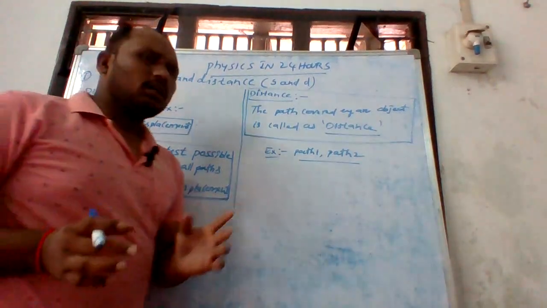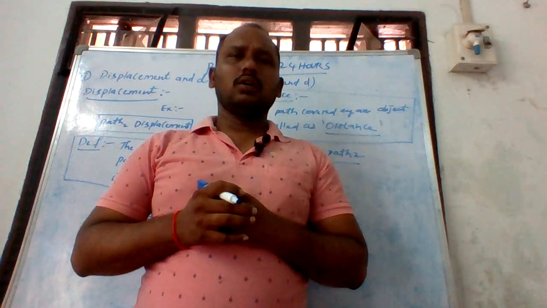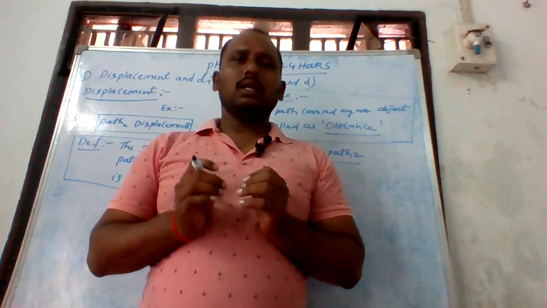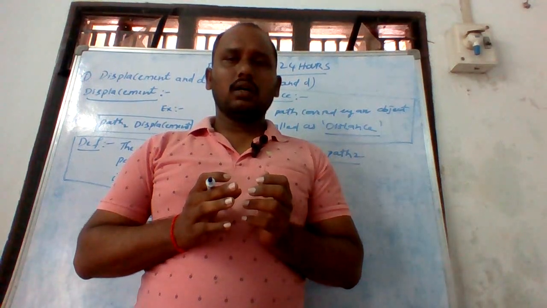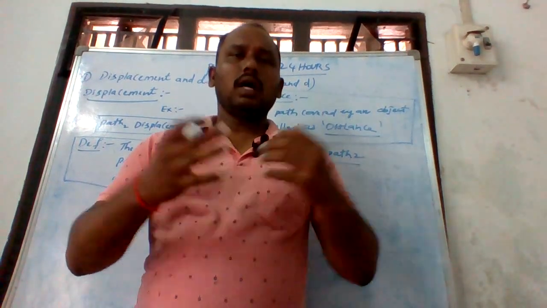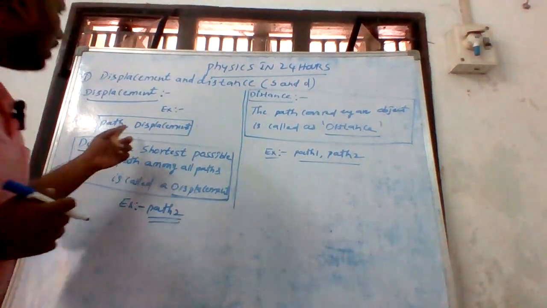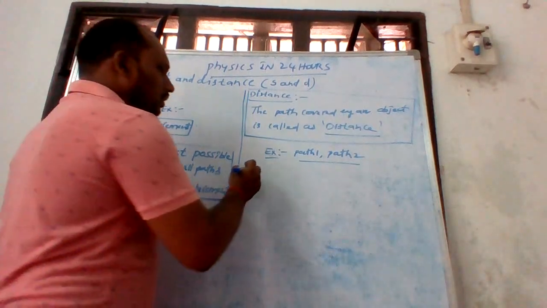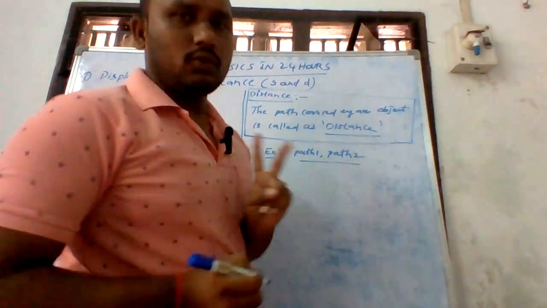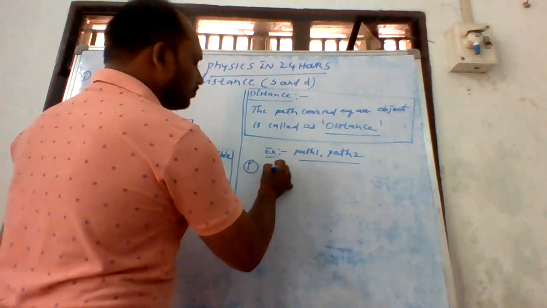Generally in physics, people struggle with units. So everybody must learn the units, then only it is easy for you to learn physics. So here we want to learn the units for displacement and distance. Generally we have basically two types of units.